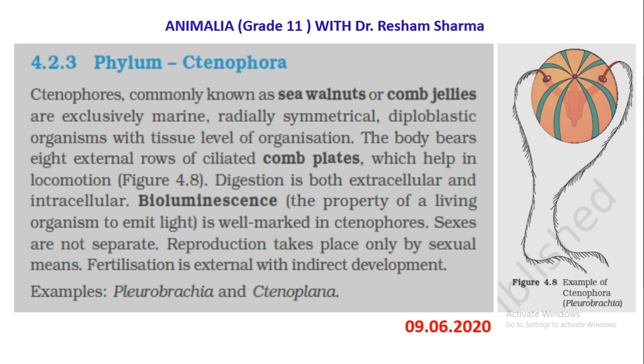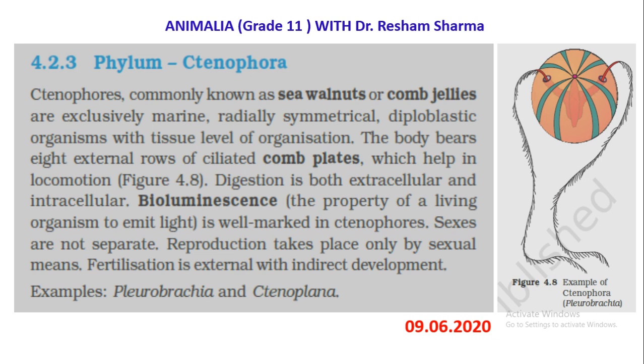So that is there. And the characteristic property, remember every phylum has one standout characteristic feature, like the Porifera have the pores or the ostia. Then the cnidarians have the nematocysts and the cnidoblasts. So right now, what Ctenophora is characterized with is the property of bioluminescence. So this is the property in which the living organisms emit light, right?